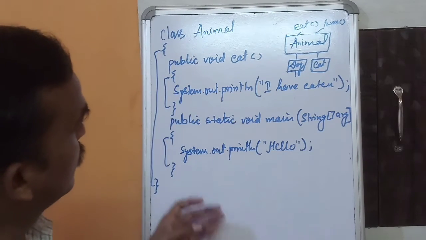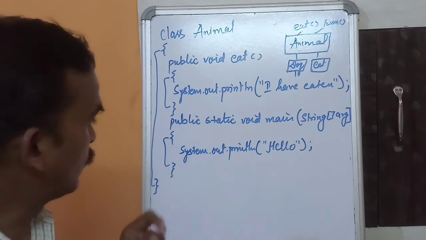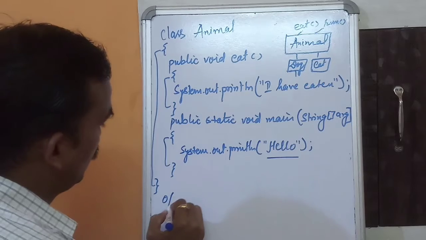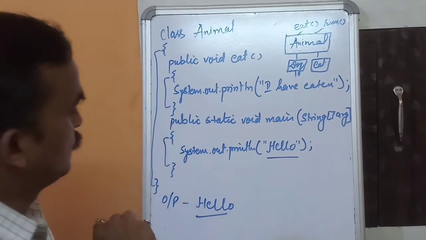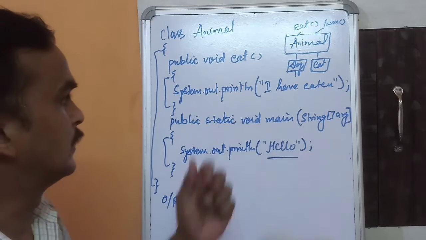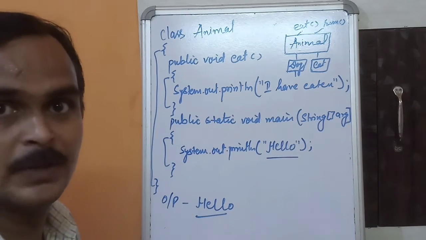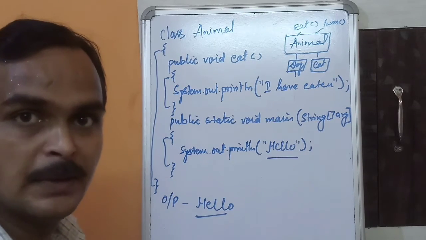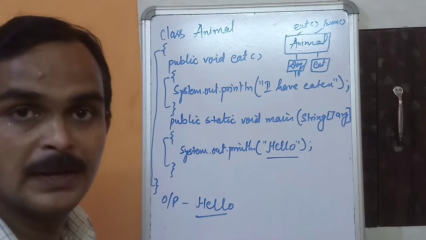Now can anyone guess what will be the output of this program? Only hello will be printed. Why? Because we are mentioning hello in the main method. Whatever we want to print, we have to mention those statements or methods in the main body or main method.